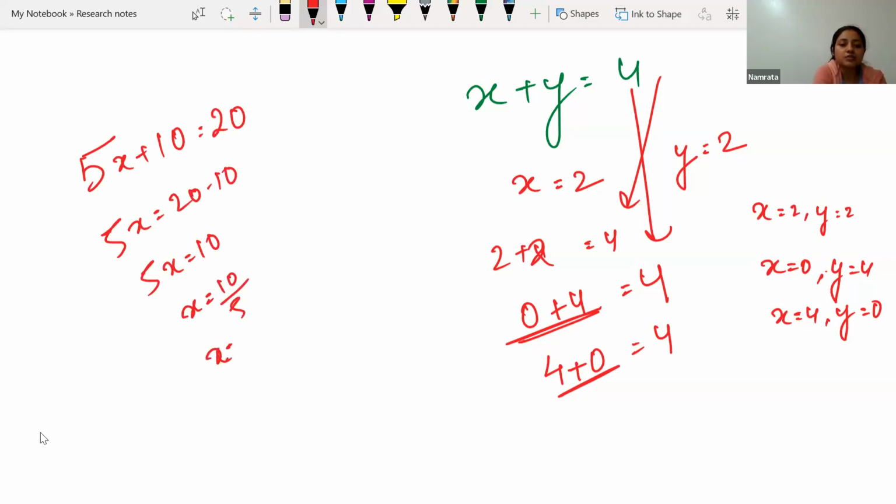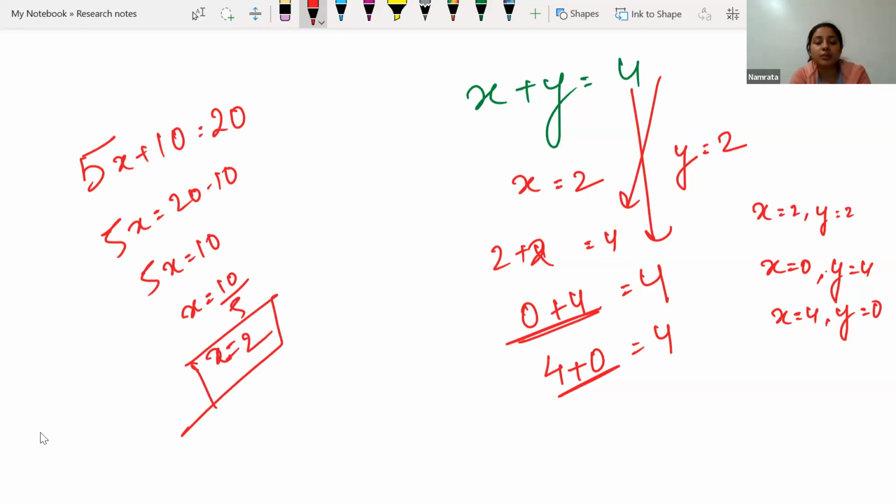That means x = 2. So when we were solving a linear equation in one variable, we ended up getting one particular solution, one particular value for x.